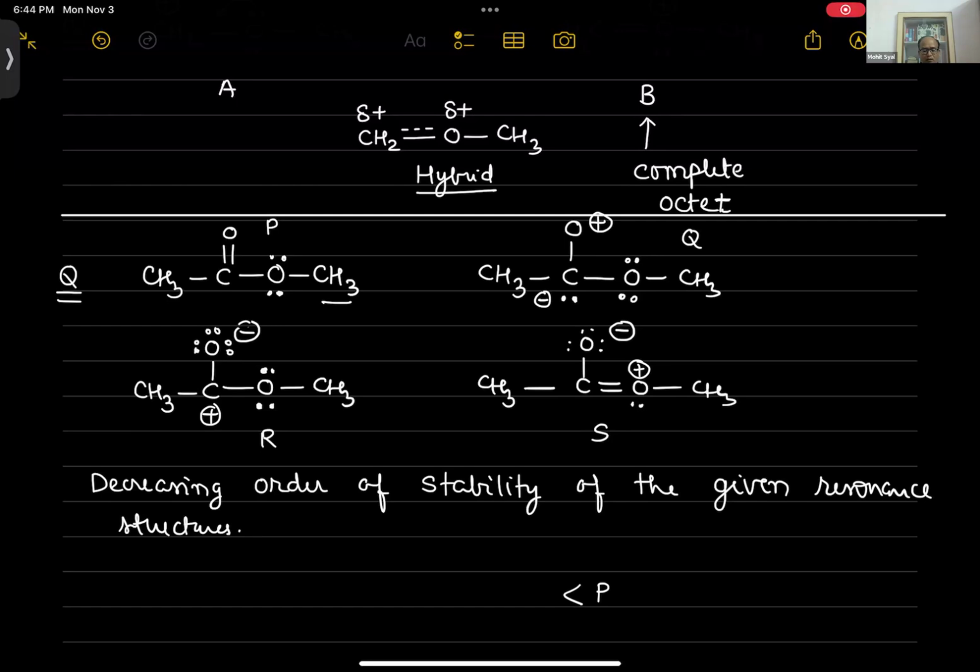It is missing for C plus. It is missing for O plus. But as though it has inappropriate bonds, bonds put in an inappropriate manner, all the atoms are still having a complete set of 8 electrons. Nabila, is this clear or not? Yes, sir. So suppose if we consider this oxygen, how many electrons are there in total?